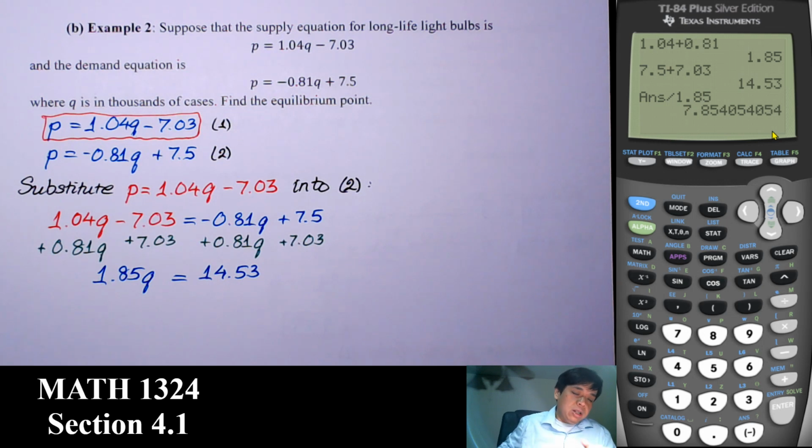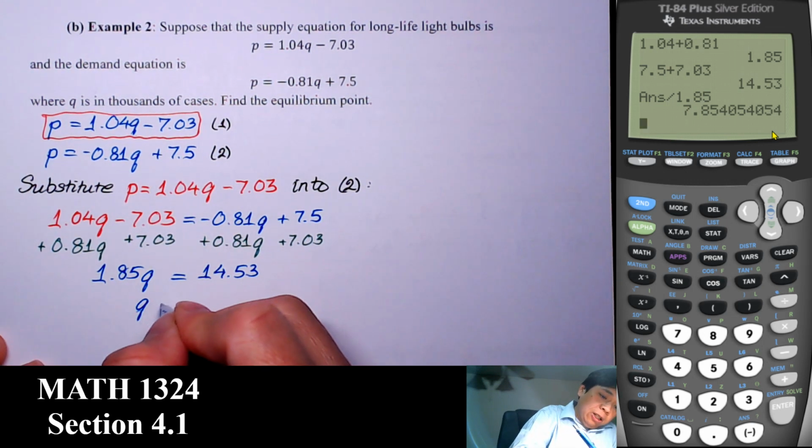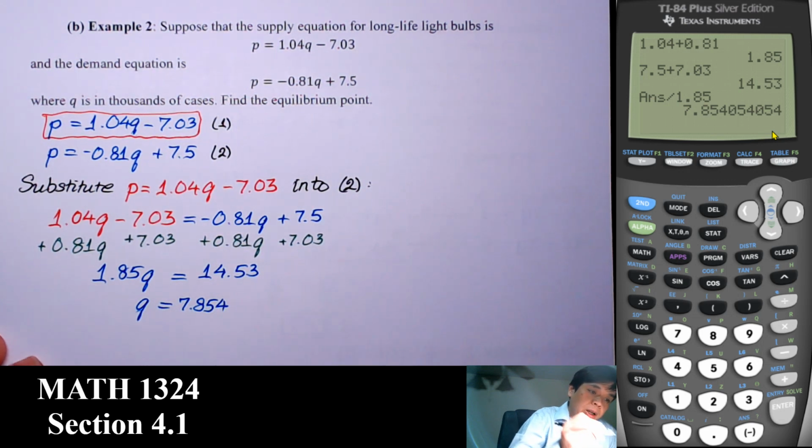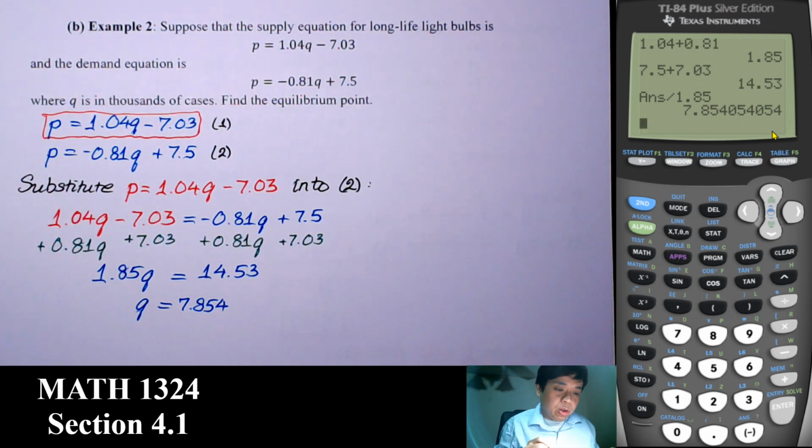I'll just end up with that. So Q is equal to 7.854, and this is Q in thousands. So in that case, we have 7,854 cases of live bones.